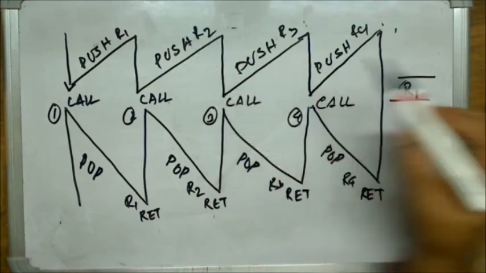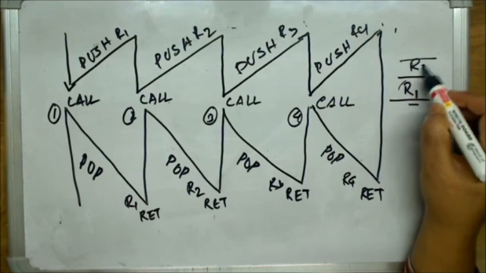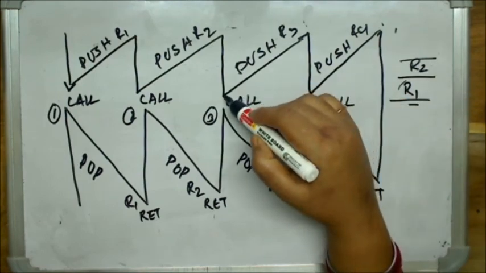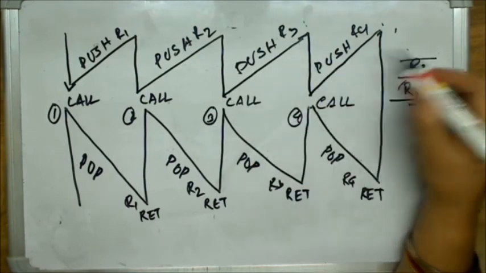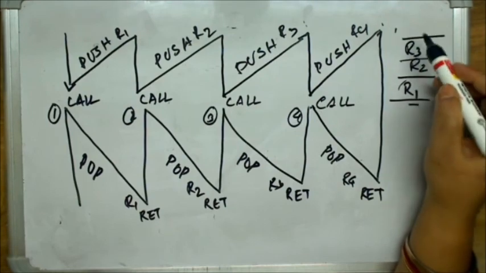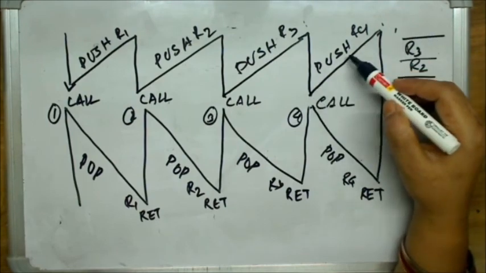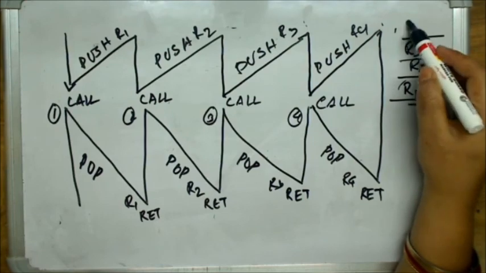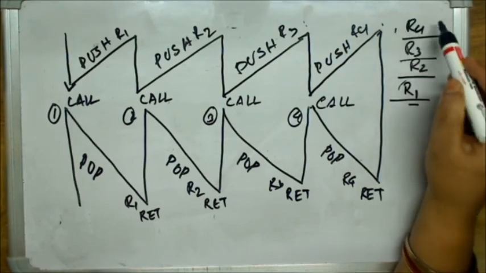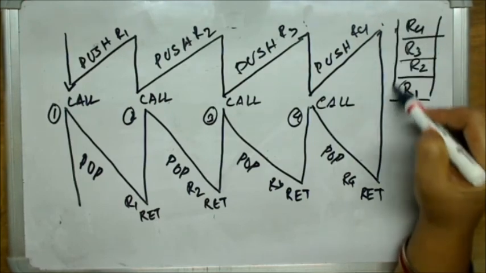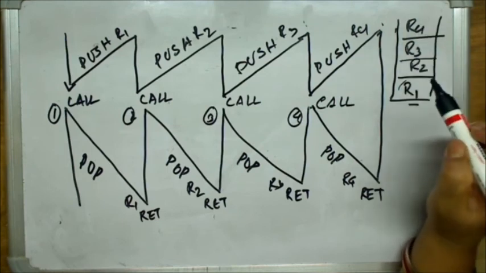So similarly it will push R2 into the stack. Again it got another call, so it will push return address 3 into stack. Again it has got another call, so it will store the return address R4 into the stack. In this way the return addresses get stored in the stack.